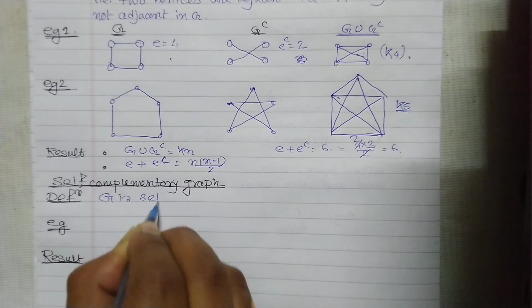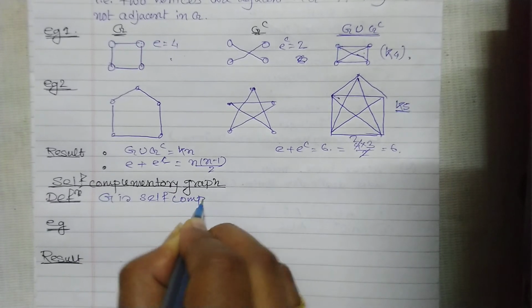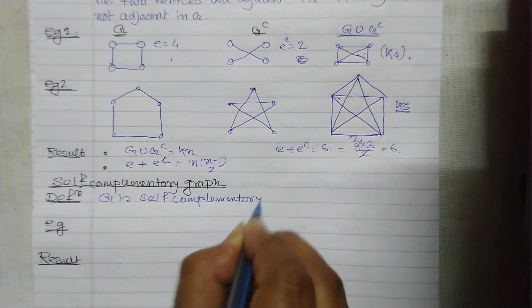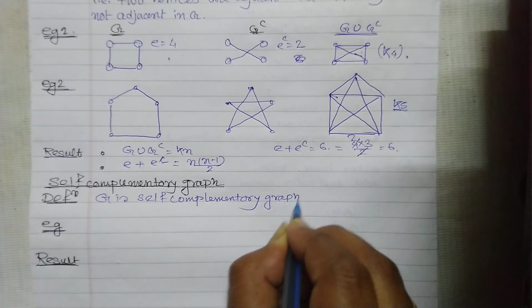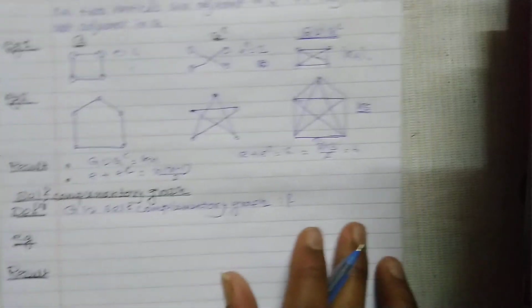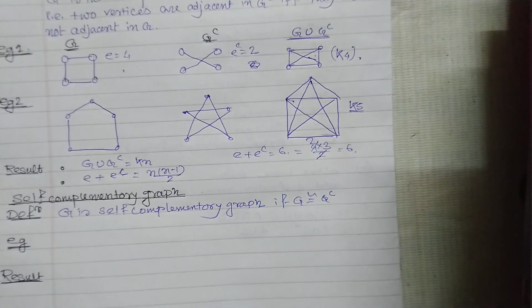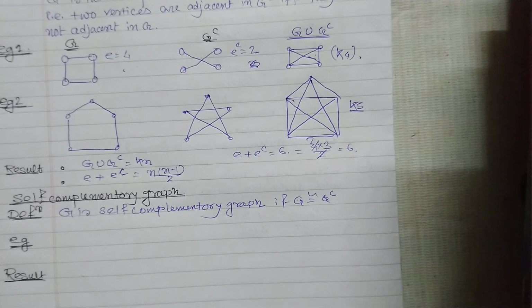G is a self-complementary graph if G is isomorphic to G complement. What is isomorphism? There is a video available on my channel, you can watch that, or I can just say it is the same graph drawn differently. The same graph drawn differently is called an isomorphic graph.